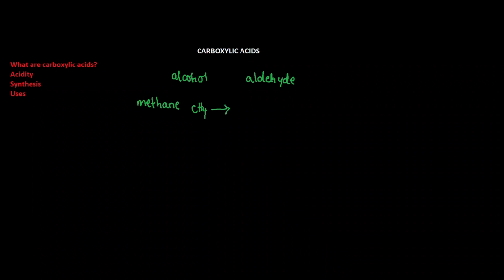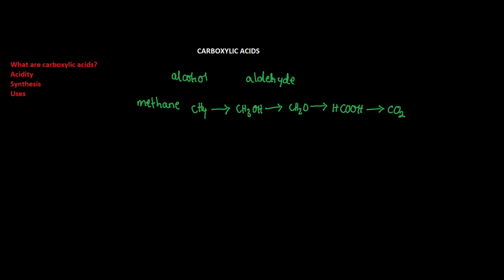Methane is oxidized into an alcohol, methanol, which is CH3OH. Now, methanol is oxidized into methanal, which is an aldehyde, with the formula CH2O. Now, methanal is oxidized into the carboxylic acid, methanoic acid, with the formula HCOOH. Alright, and further oxidation will lead to the production of carbon dioxide.